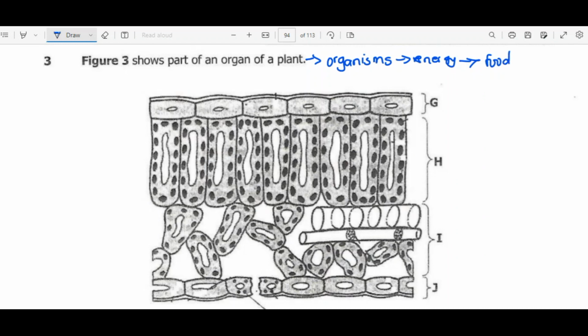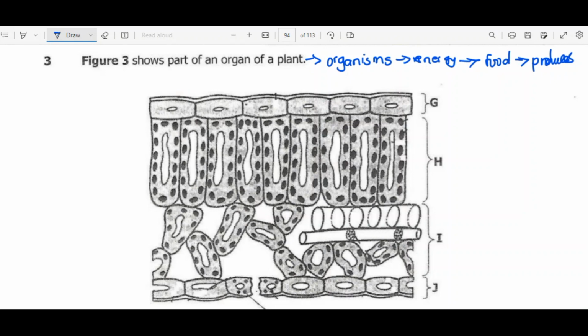Now plants are called the manufacturers, and according to ecology, these are referred to as the producers, since they have the ability to produce their own food using carbon dioxide and water in the presence of sunlight.